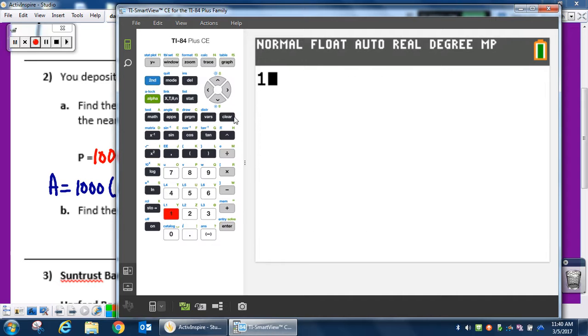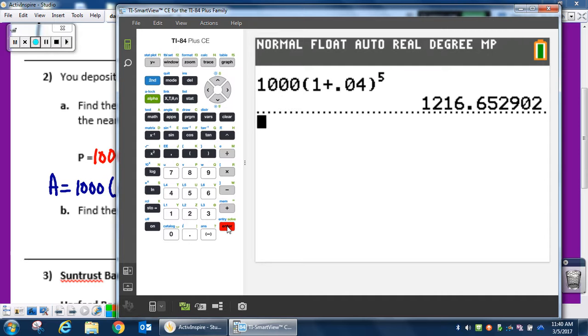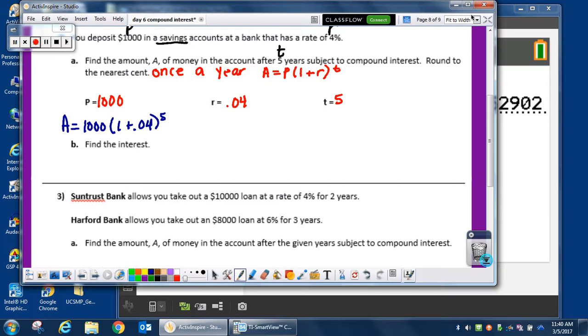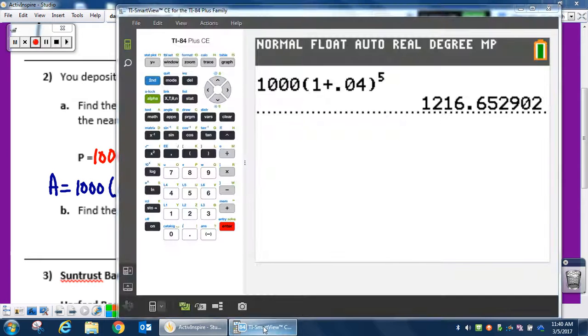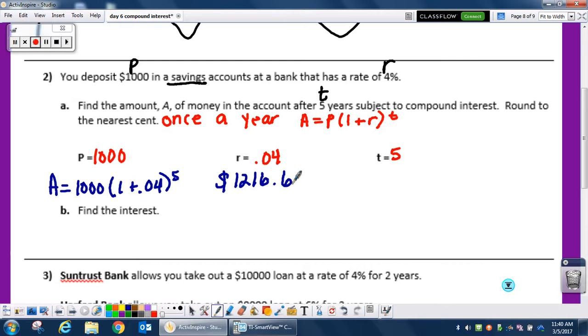So 1,000 times 1 plus 0.04. Okay, so that account has $1,216.65. Okay, so $1,216.65 total in the account.